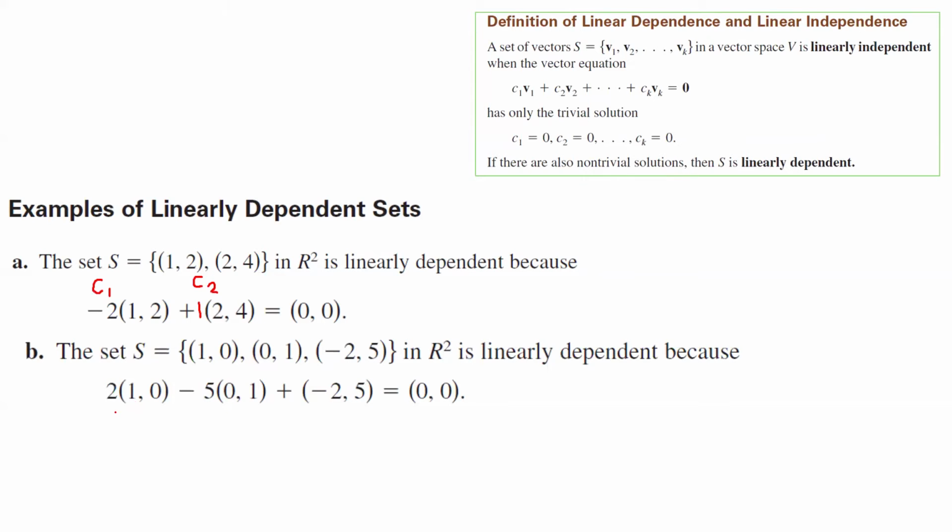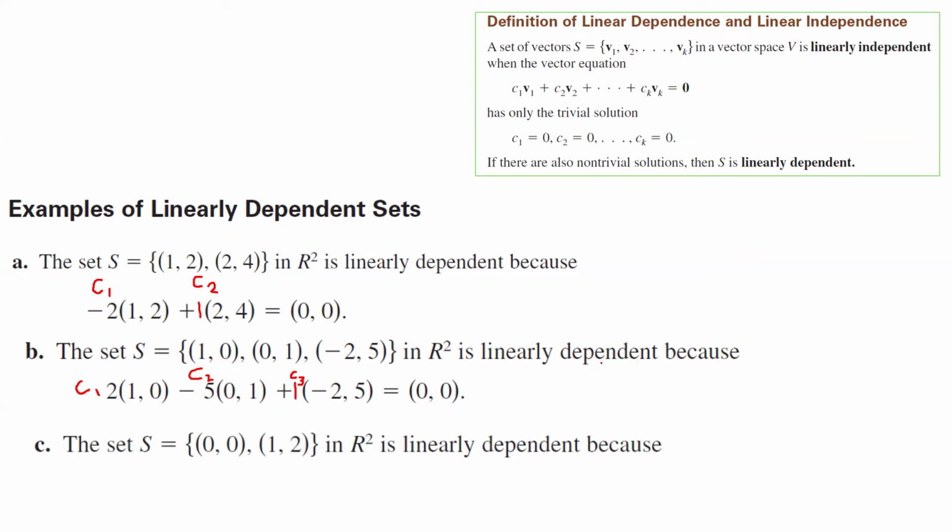So again, I found C1, which is non-zero, C2, which is again non-zero, and this invisible number C3 is 1. They are all non-zero numbers. I multiply each one of these by these vectors, and the outcome is equal to 0. Since these are non-zero entries, it means that these vectors are linearly dependent.